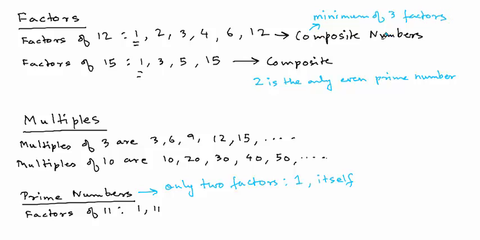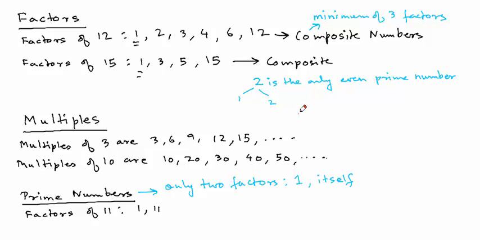For example, 9. 9 will have 1, 3 and 9 as its factors. So 9 qualifies as a composite number, not a prime number. But if you think about 2, what are the factors of 2? The factors of 2 are 1 and 2. So 1 and itself. So that fits into this definition of prime numbers. So we say 2 is the only even number that's prime.